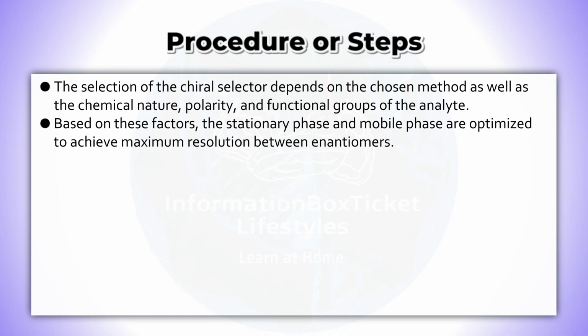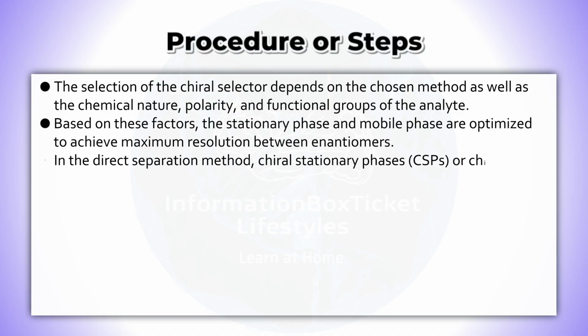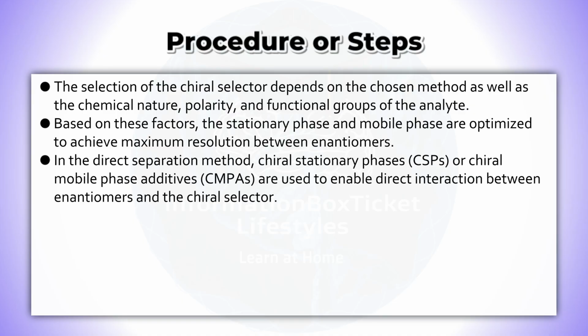Based on these factors, the stationary phase and mobile phase are optimized to achieve maximum resolution between enantiomers. In the direct separation method, chiral stationary phases, CSPs, or chiral mobile phase additives, CMPAs, are used to enable direct interaction between enantiomers and the chiral selector.